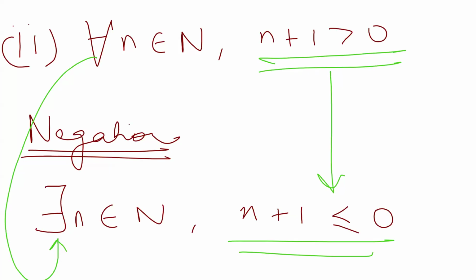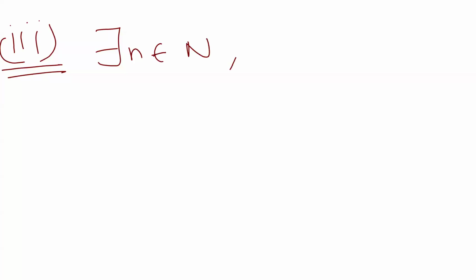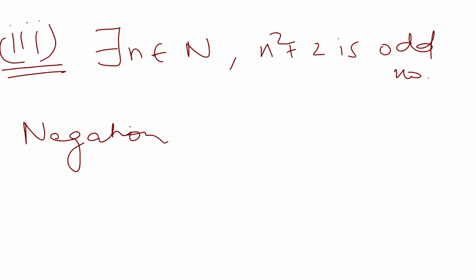Third one. There exists n which belongs to natural numbers, n square plus 2 is an odd number. Negation. Now this is not a compound statement because there is no logical connective.